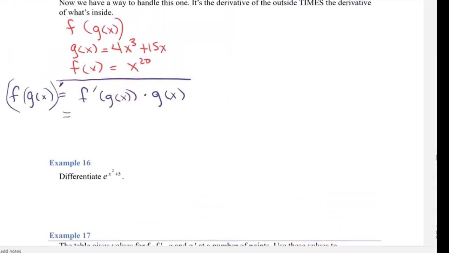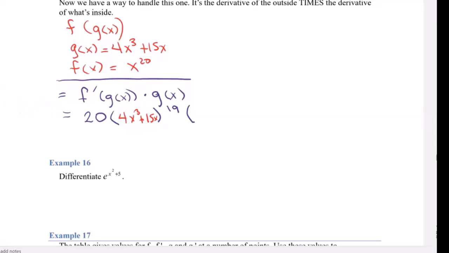So f prime of g of x is equal to 20 times something to the 19th power. And what I plug in there is g of x. And then I'm going to multiply by g prime of x.